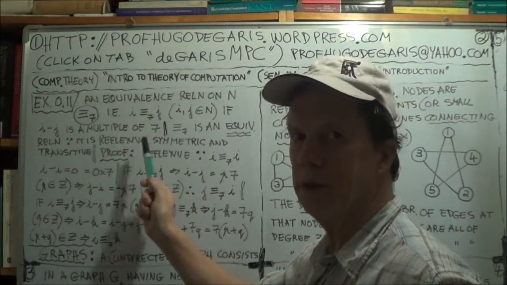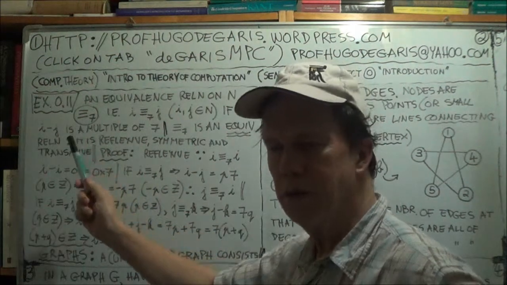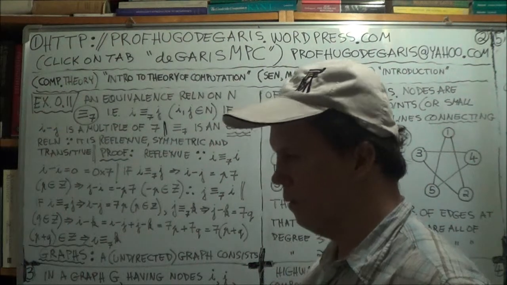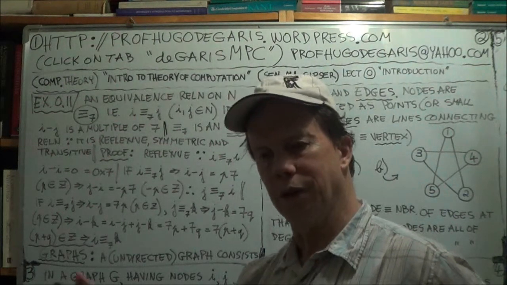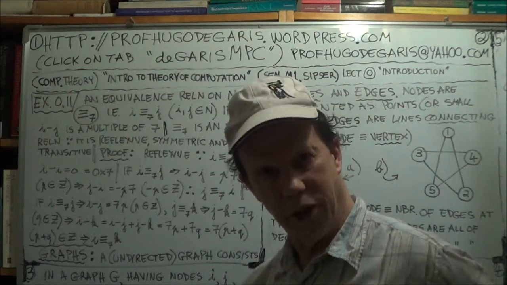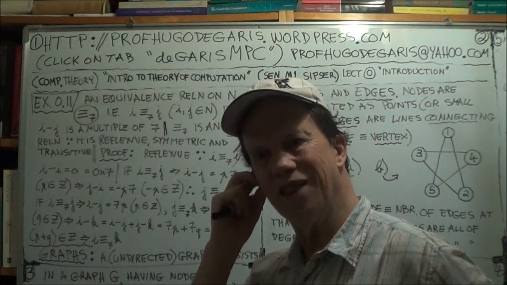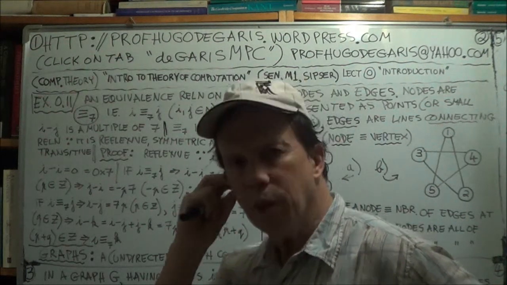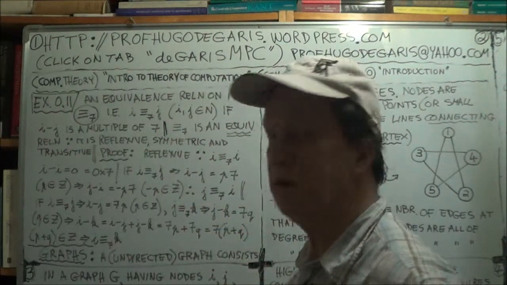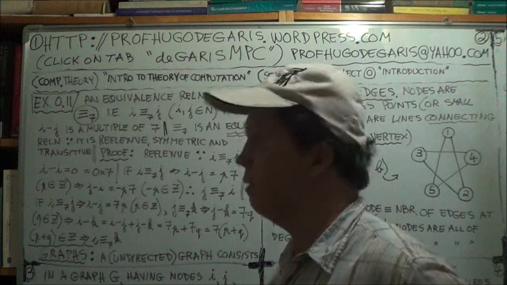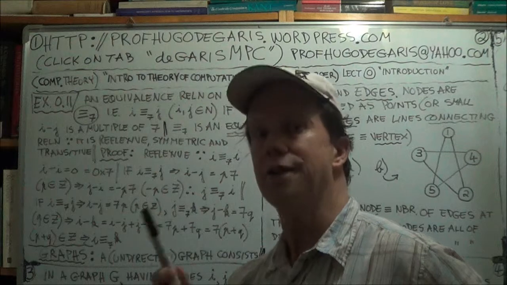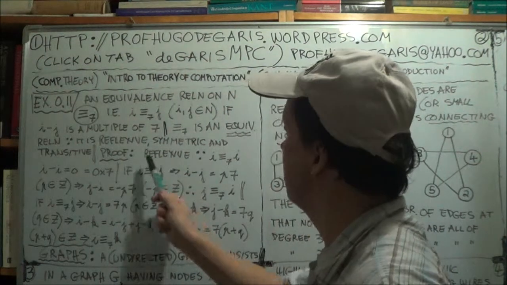Is that a multiple of 7? Well, i minus i is just 0. That 0 is a multiple of 7, right? If you divide that difference, 0, by 7, you get 0 remainder. There'll be no remainder, so 0 is divisible by 7. Okay. So when you have i R i here, that works. So this relation is a reflexive relation. Okay. So it is reflexive.